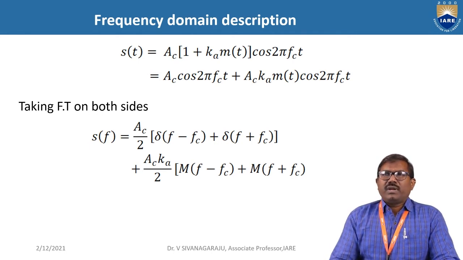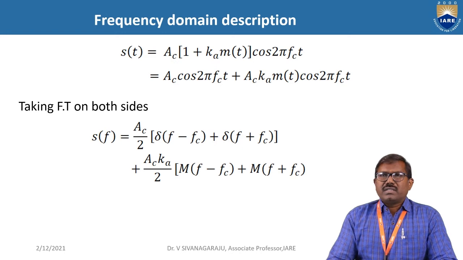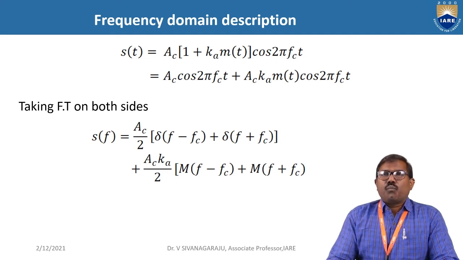So I'm going to multiply this cos 2 pi fc t into the inner of the brackets. Then we get Ac cos 2 pi fc t plus Ac Ka m of t cos 2 pi fc t. So that is our modulated signal, the amplitude modulated wave.